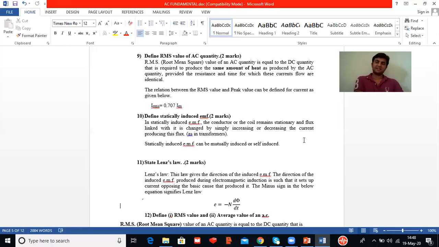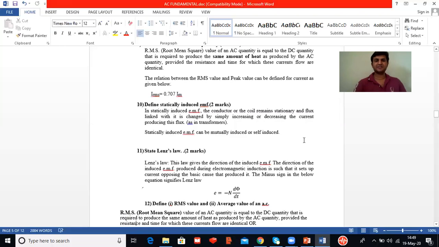As we can see in case of a transformer, as we give supply to the primary winding, changing current flows through the primary winding and produces a flux. This changing flux links with the secondary winding through the magnetic core, then EMF will be produced in the secondary winding. Here the two windings are stationary. There will be no rotation of the winding. So this EMF is called the statically induced EMF.